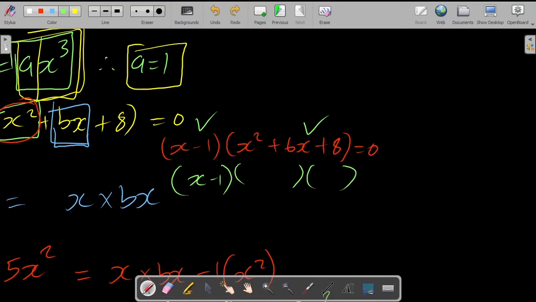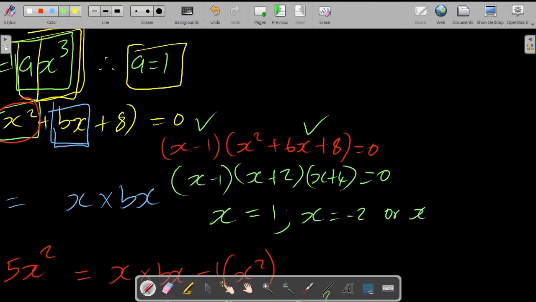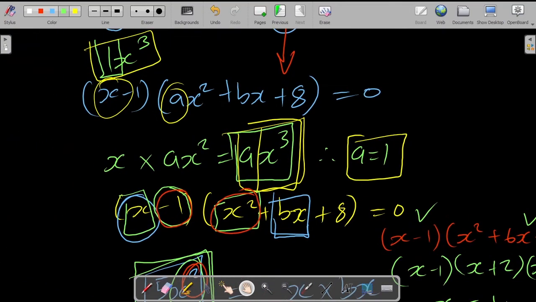If you factorize that, you basically should expect to get x plus 2 and x plus 4, depending on whatever method you use. Basically you should get this. And your answers would then be x equals 1, and x equals minus 2 or x equals minus 4. So that is how you basically factorize using inspection.